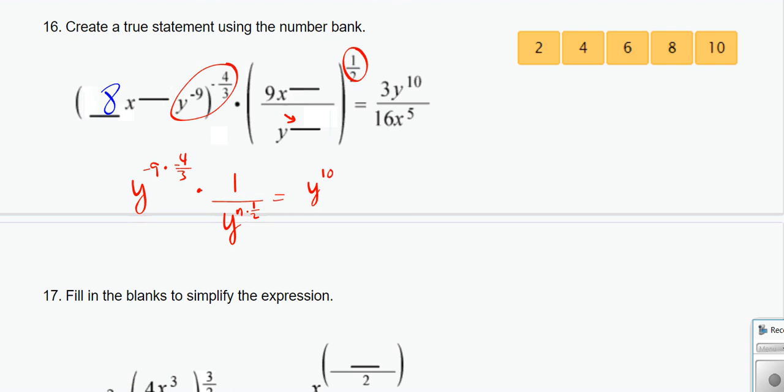So when it's all simplified, everything on the left, it's going to be equal to y to the 10th. So let's combine these. Negative times a negative is a positive, and 9 times 4/3 is 12. So y to the 12th over y to the n times 1/2 is equal to y to the 10th.